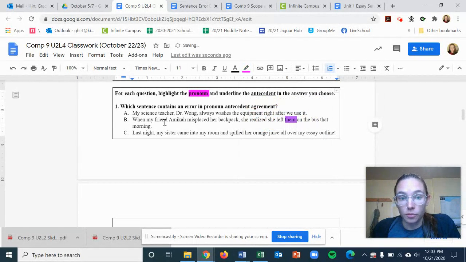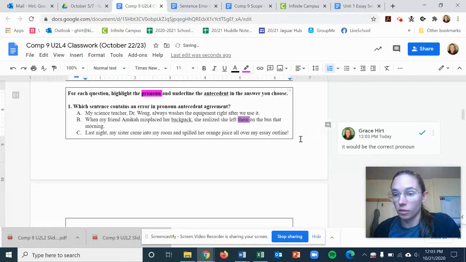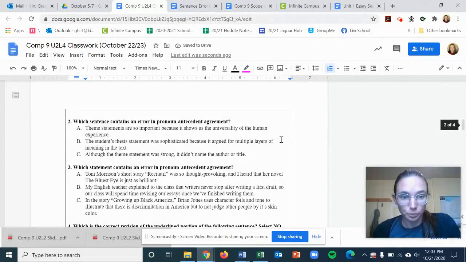And then we have her backpack as the antecedent. She realized she left them on the bus that morning, but it's talking about her backpack. So them is a plural pronoun. Instead, it would be the correct pronoun. So that's the sentence with pronoun-antecedent disagreement.